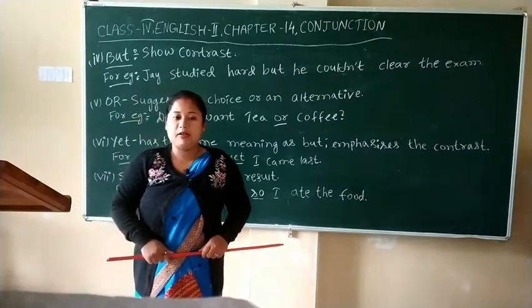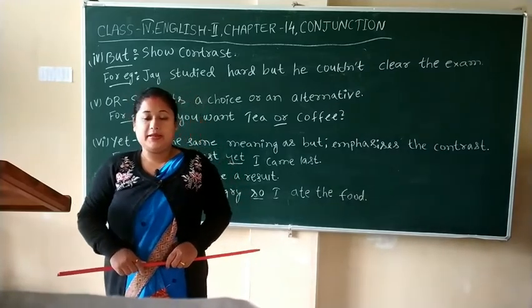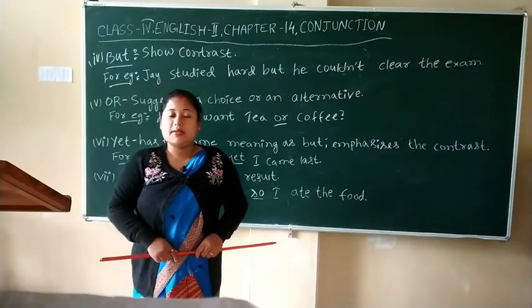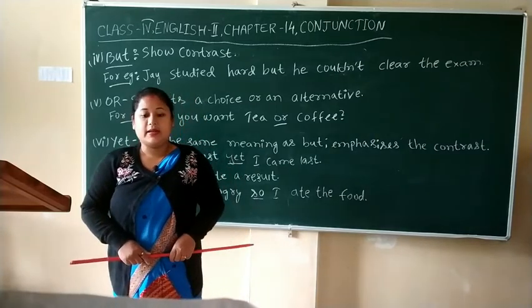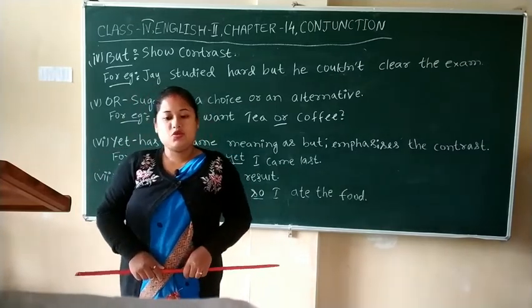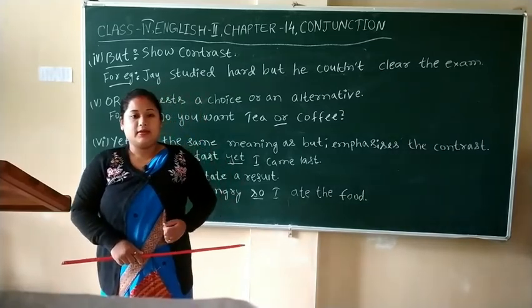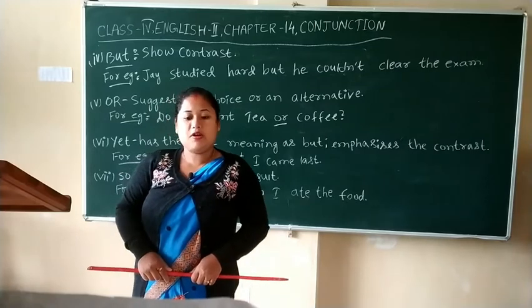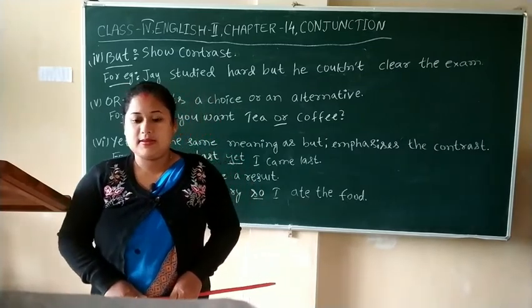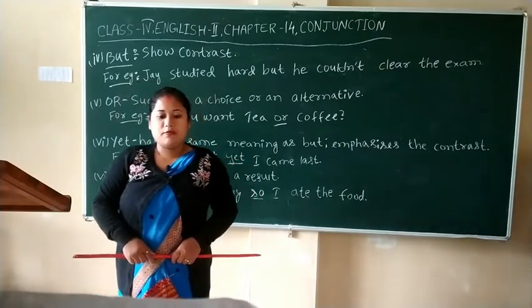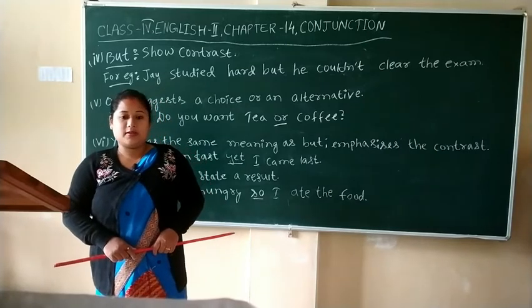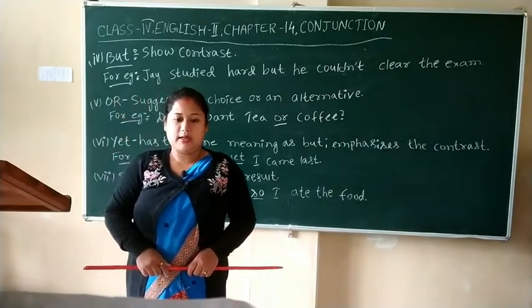He wasn't able to successfully clear the exam. Uses of but. The conjunction but joins two sentences. The conjunction but introduces a contrast. It introduces information which is the opposite to the first part of the sentence.